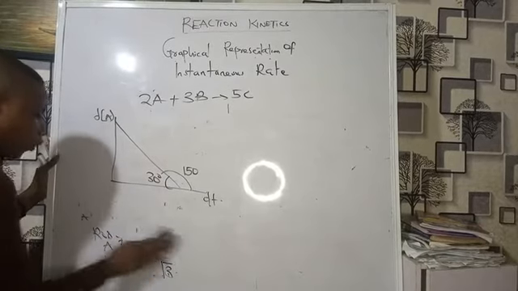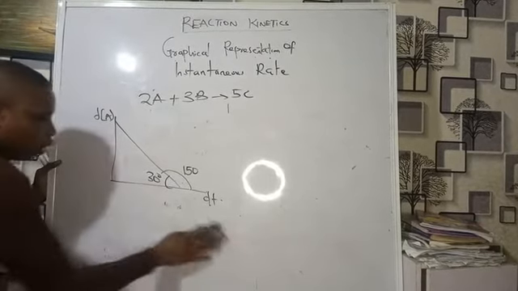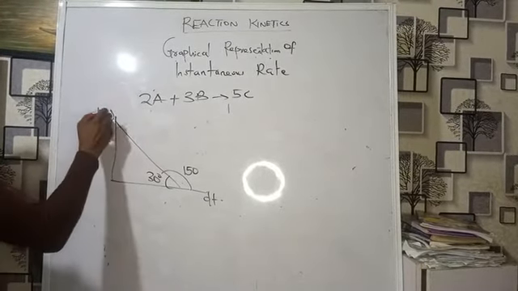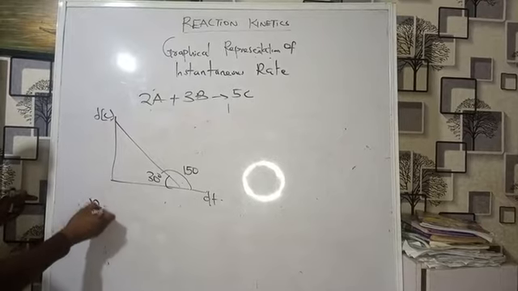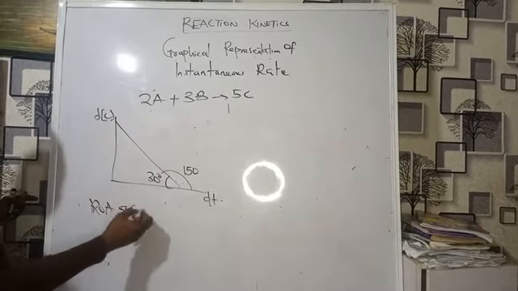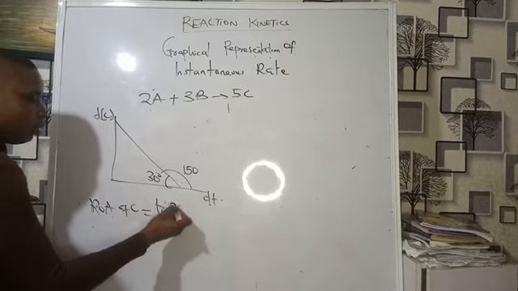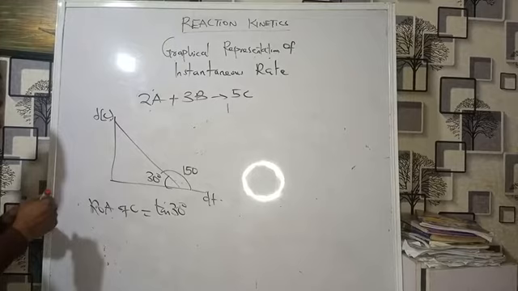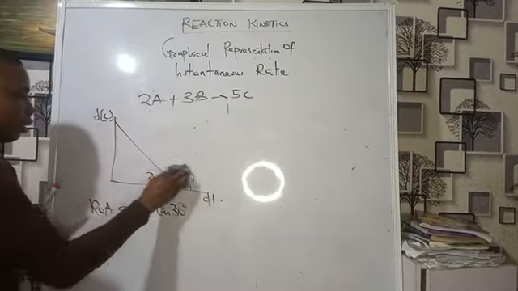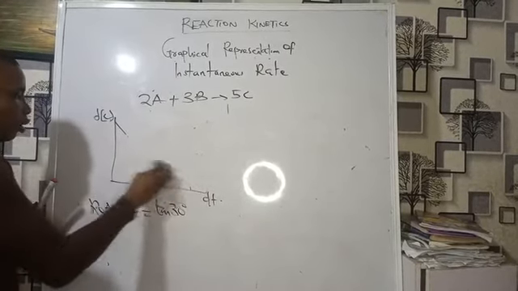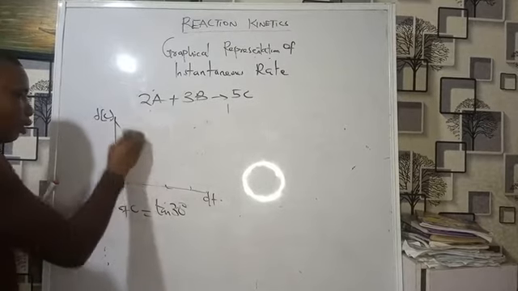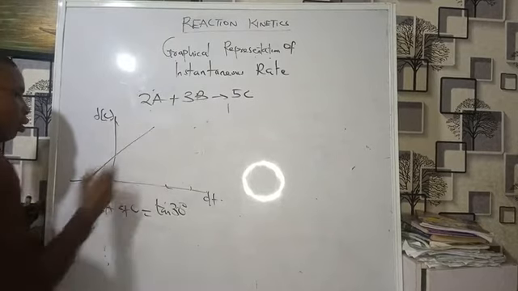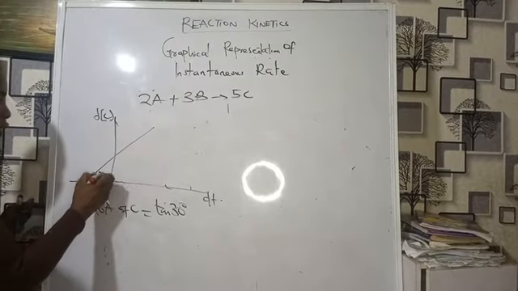Now, if we want to do it for C, assuming we change this one to C, the rate of appearance of C equals tan 30 degrees. But this is not the graph we have for C. This is the graph we have for C, and this one is 30 degrees.